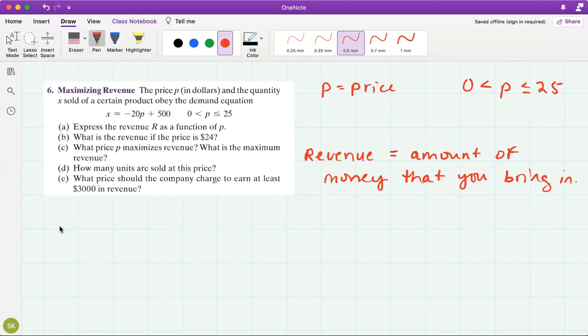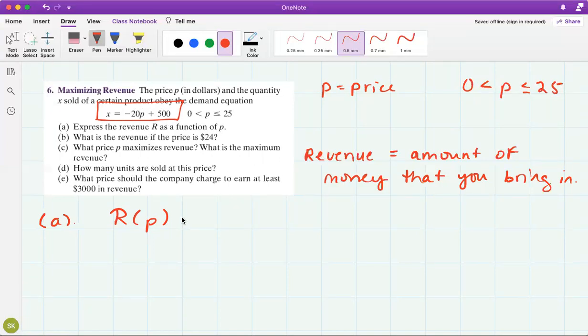So for part A, we want to express the revenue, R, as a function of P. So we want just P's in our equation. This is the demand equation, and this tells us how many objects we're going to sell. So if we sell X amount of objects and we sell them at a particular price, then if we multiply X by the price, that will tell us how much money we bring in.